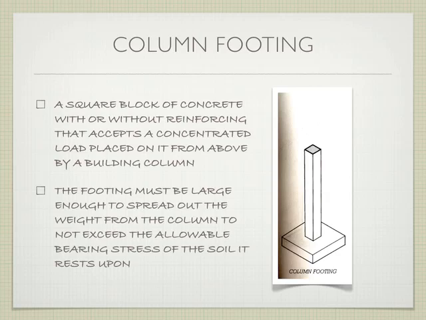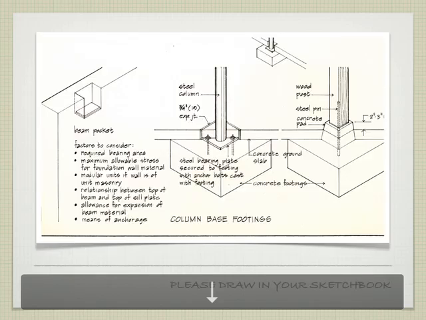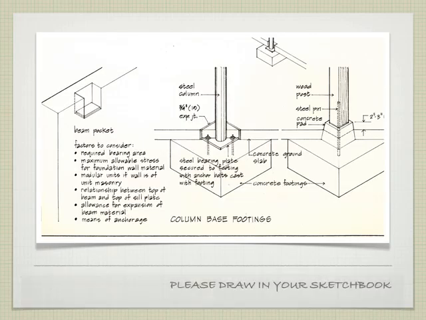What the footing does is spread that weight out so that the weight, when it comes in contact with the soil, doesn't exceed the maximum amount of weight that the soil can hold. So we spread out this block. We make this block large enough so that the soil can support the amount of weight coming down on the column. Make sense? So this is the most simple type.